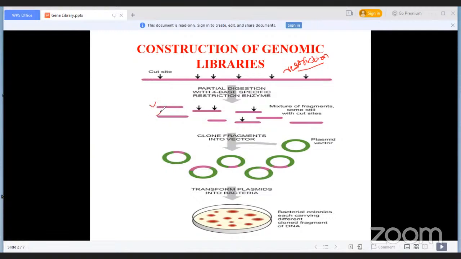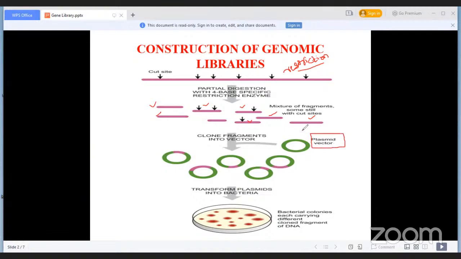This is a DNA fragment, this is a DNA fragment, right? After this it breaks into a number of fragments. Now this DNA is inserted into a proper vector. The common vector utilized here is the plasmid vector.